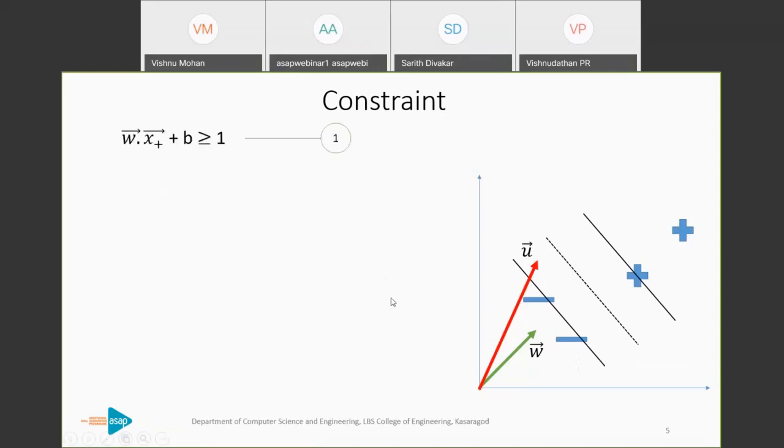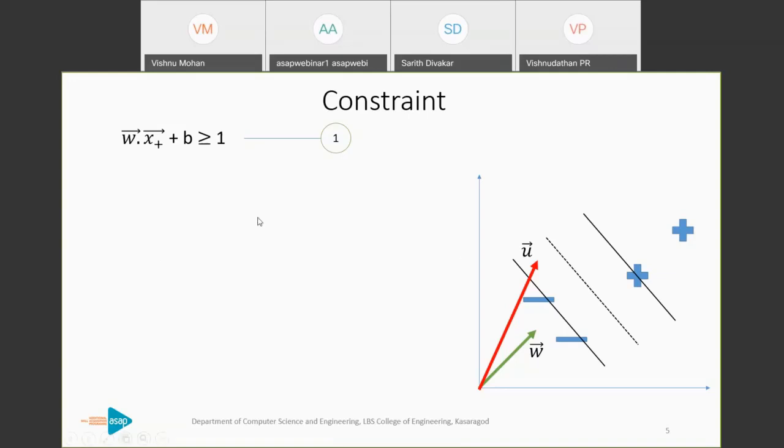So I will rewrite my decision rule like this: W dot X plus plus B greater than or equal to 1 for positive samples. That means the decision rule will give you a value greater than or equal to 1.